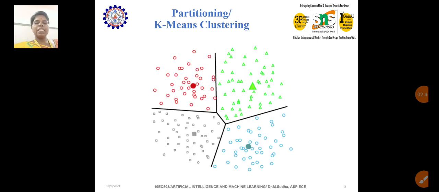Now we will see the k-means clustering image. Just look at the image. We have categories like red, green, blue, and gray. In the red we have circle shapes, in the green we have triangle shapes, in the blue again we have circles, and in the gray we have some square shapes.